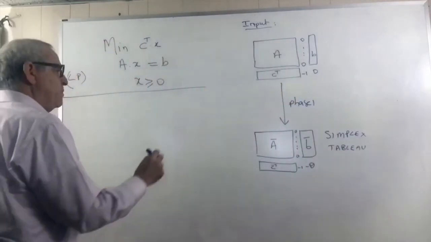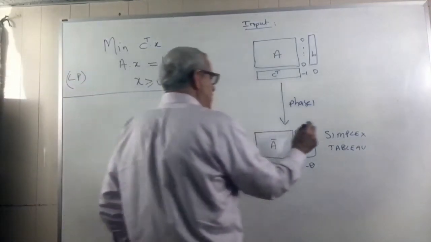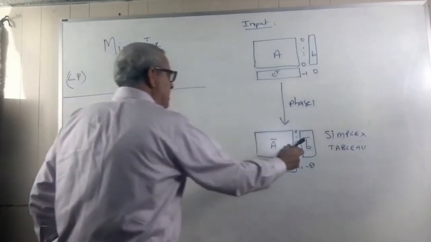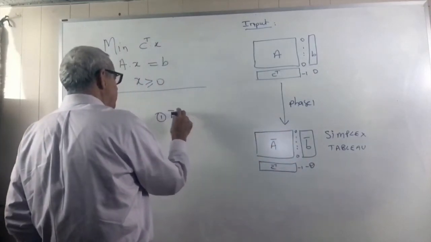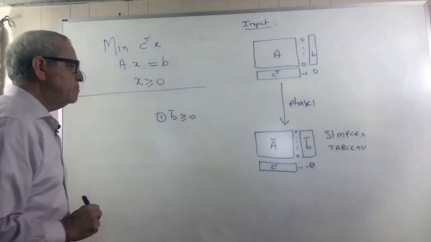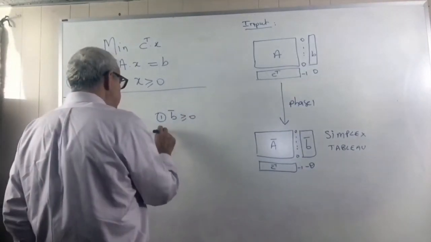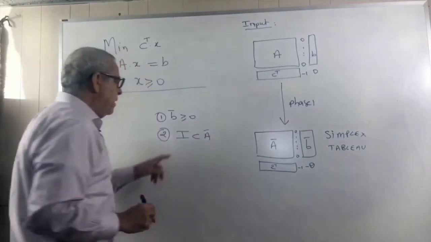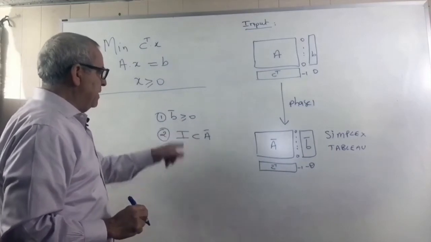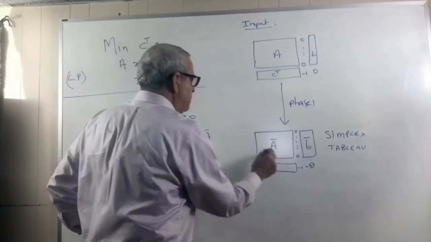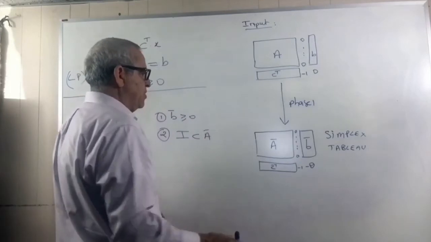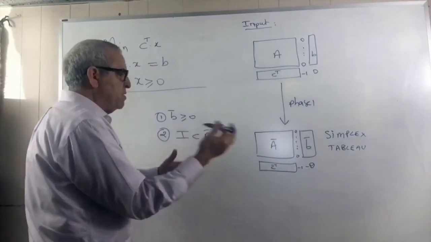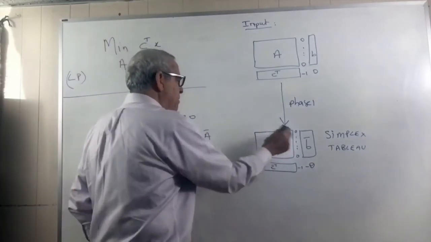The requirement for a simplex tableau is defined by, first, the right-hand side B bar is greater or equal to 0. Second, the identity matrix is in A bar. By this I mean the columns of the identity matrix are somewhere in here. So 1, 0, 0 is somewhere in here, 0, 1, 0 is somewhere in here, and so forth. Not in the same order, but all the columns are somewhere in there.